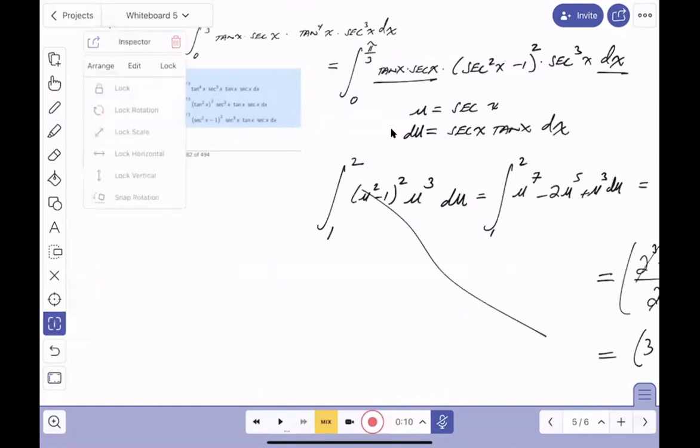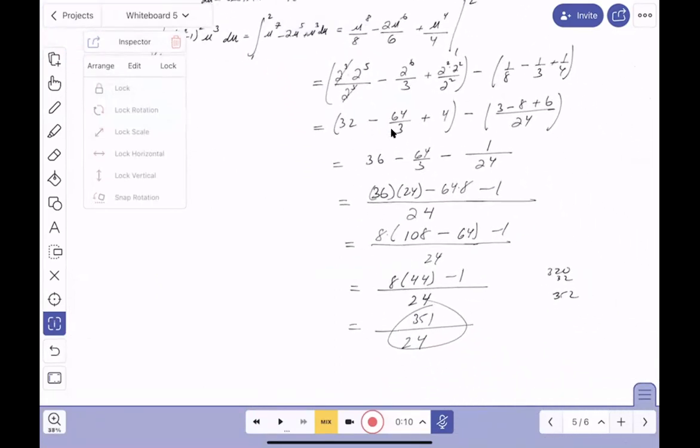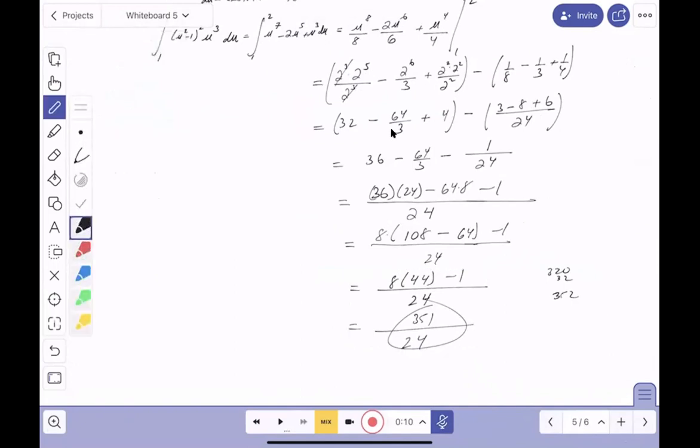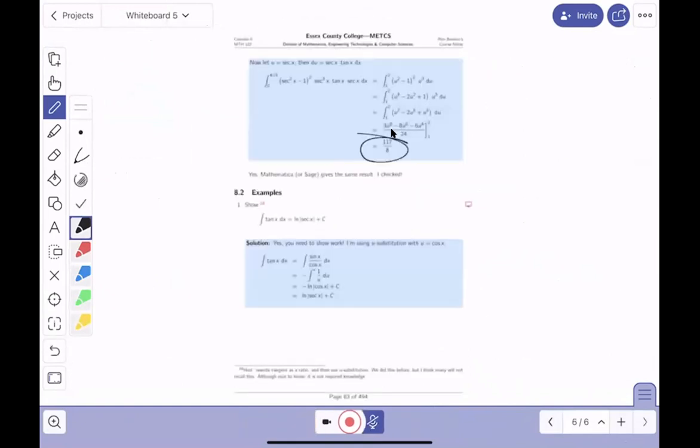Whoops. Sorry about that. Oh, it's divisible by 3. Let me do that then. Sorry about that. 3 goes into 24 8 times. Let me show you 3 goes into 351. The next page. Bingo, we got it.